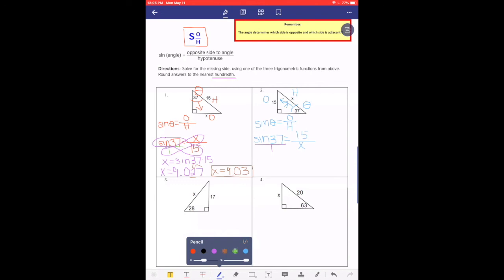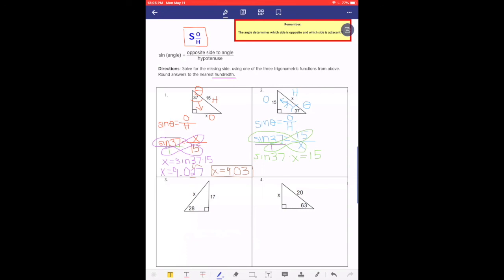Now I have two fractions equal to each other, which means that I can cross multiply. And when I do that, I'll get sine of 37 times x equals 15 times 1, that's just 15. So I don't want you to hit the sine 37 button and then times by x.